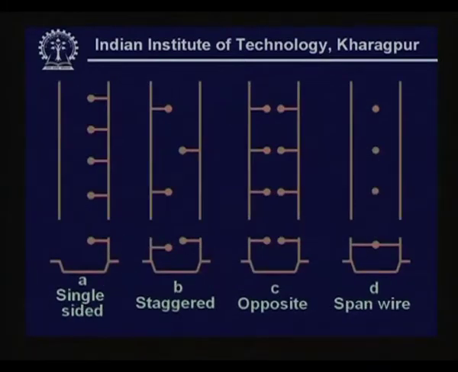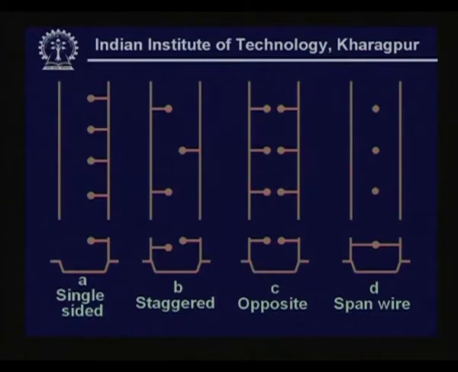Let us look at this picture. These pictures show the various arrangements. The figure shows two views: one a top view along the road, the other a perpendicular sectional view. You can see the lamps mounted single sided as shown in A, and in staggered you locate them alternately on either side.